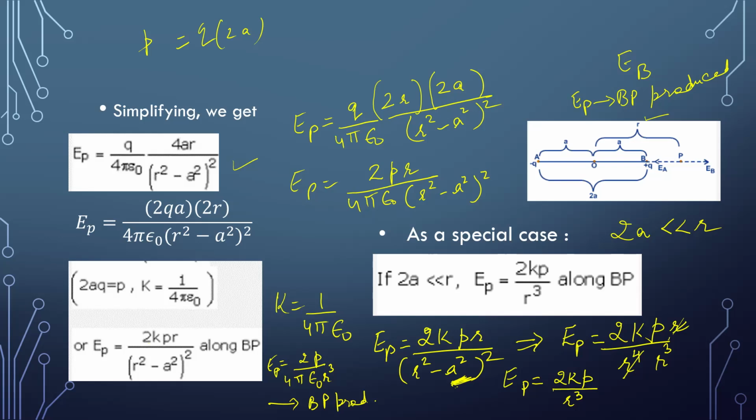This is the expression for the field intensity at a point on the axial line of the dipole. The axial line of the dipole means the line joining the two charges minus q and plus q, which forms the dipole.